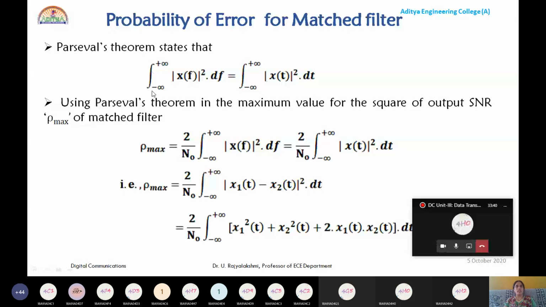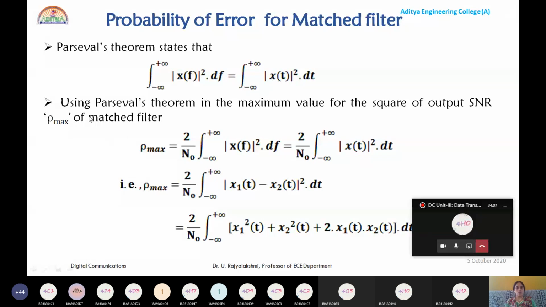So we can replace the integral of mod X(f) square df with the integral from minus infinity to plus infinity of magnitude x(t) square dt.